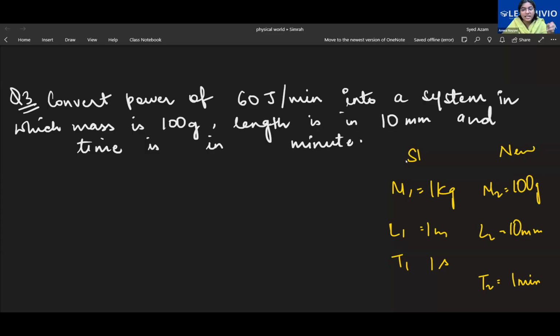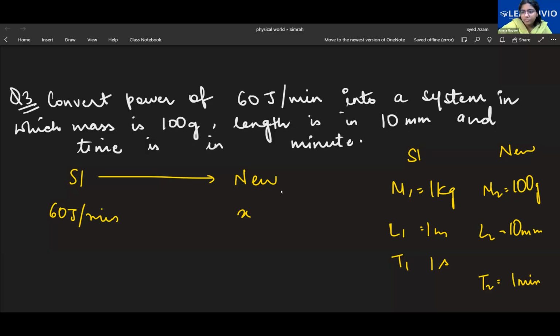We used to convert SI into CGS till before this. Right now, this question is saying this is our new system. So it has given us the SI system and it is asking us to calculate this in the new system. So in the SI system, we have 60 joules per minute and it is saying find out this X, whatever it is. This is the question. You've got the question? Clear?